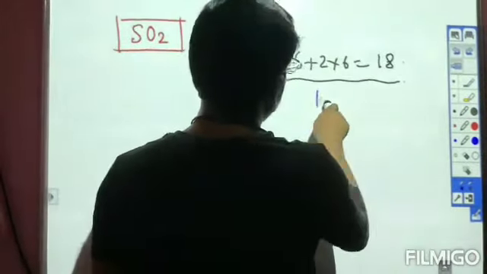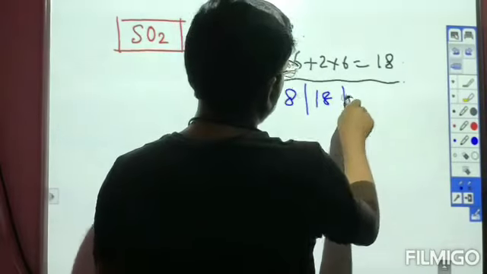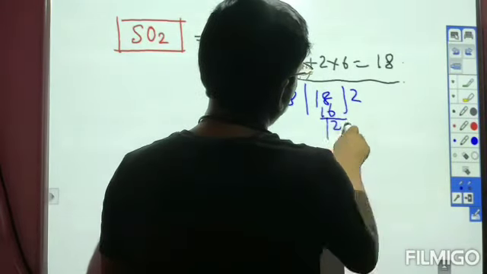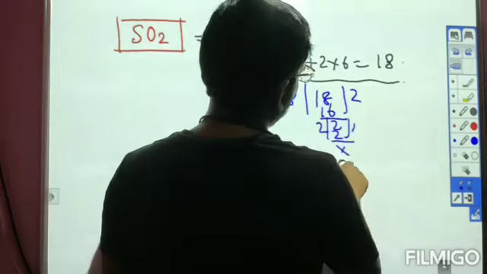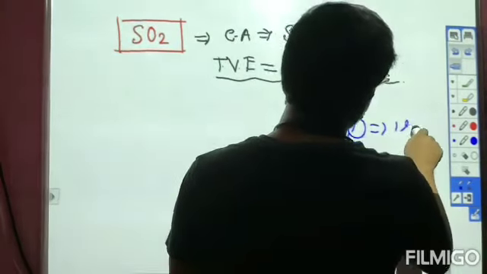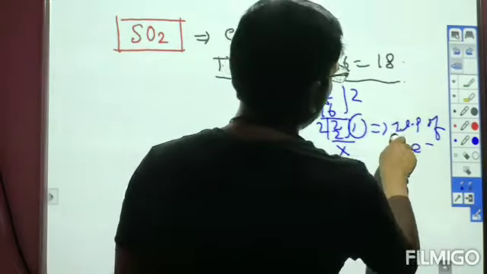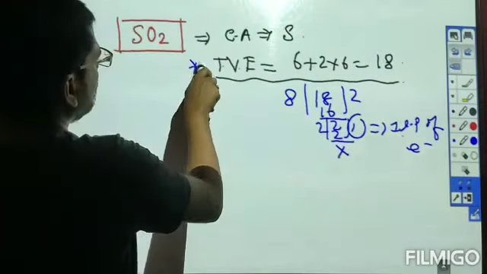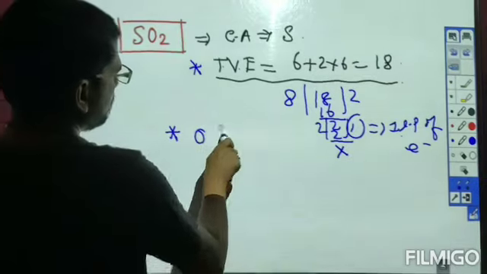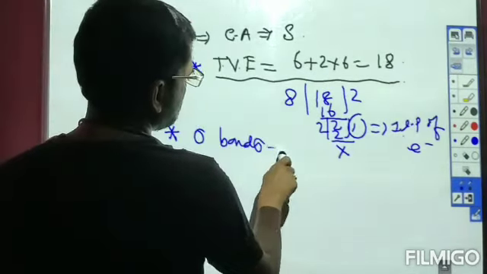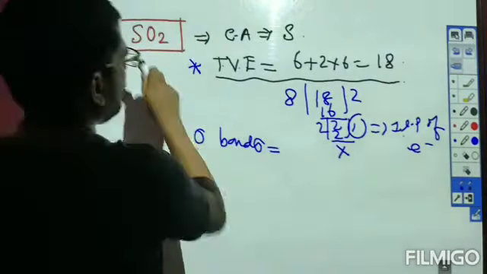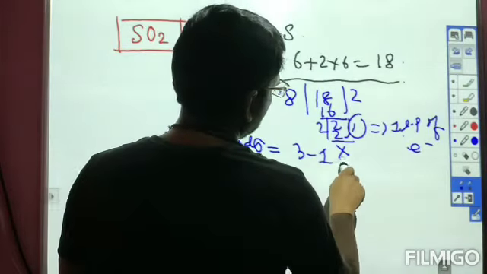Yes. 18, 16, 2, 2, 1. One lone pair of electrons. Now sigma bonds: 2, 1, 3. So 3 minus 1, that will give you 2.